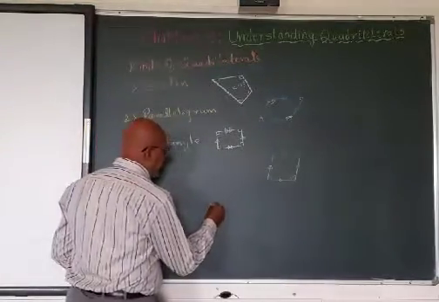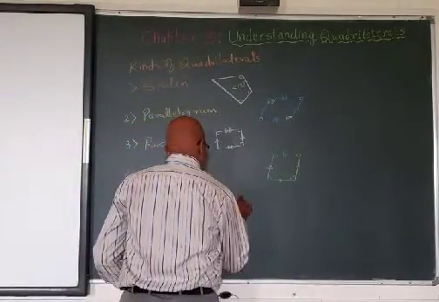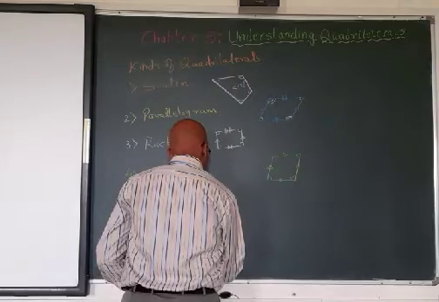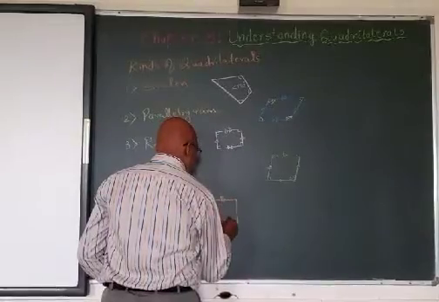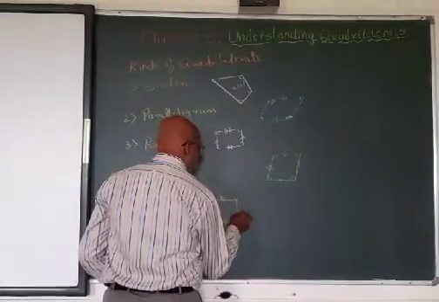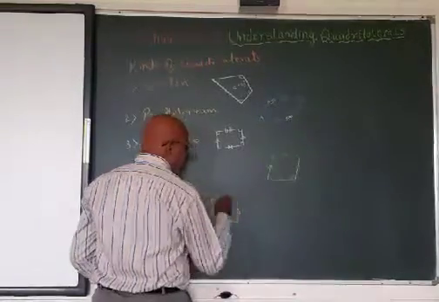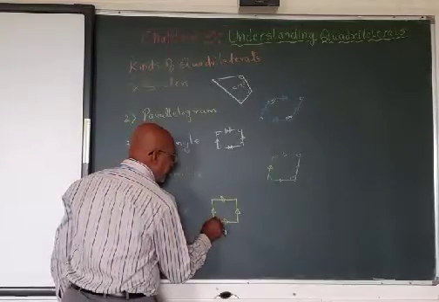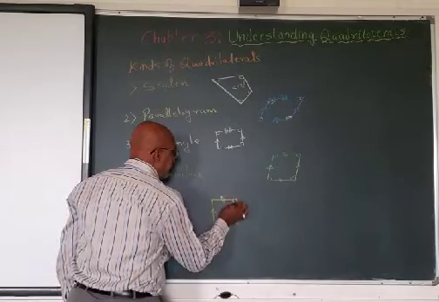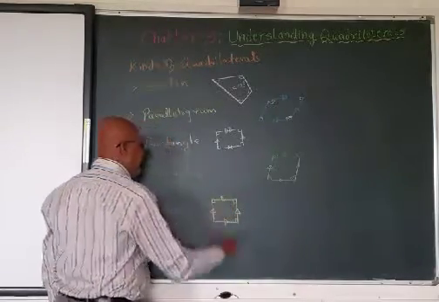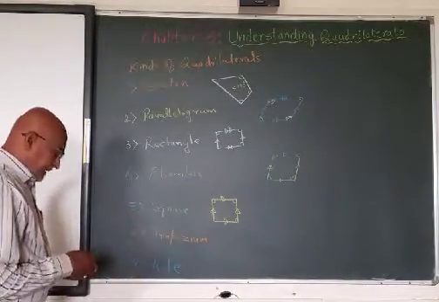Now square is very easy. All four sides and four angles are equal. This side is parallel and equal to this. This side is parallel and equal to this. All sides are equal and opposite sides parallel, plus the angles are all 90 degrees. Got it clear? So this is nothing but a square.